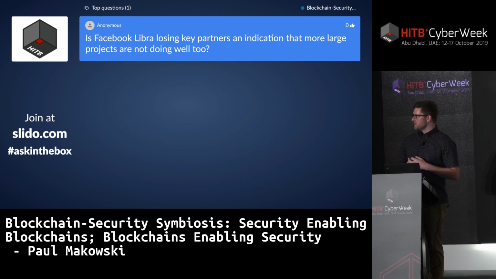That's kind of our purview. So I'm not sure that's an indication that other large projects are not doing so well either. It's a question of what the other large projects are doing. If they're not going to butt heads with somebody that regulates the people making the new coin, then maybe they would do better. But in this particular case, they're running up against what is typically a government's purview. So I think that might be why that's happening.